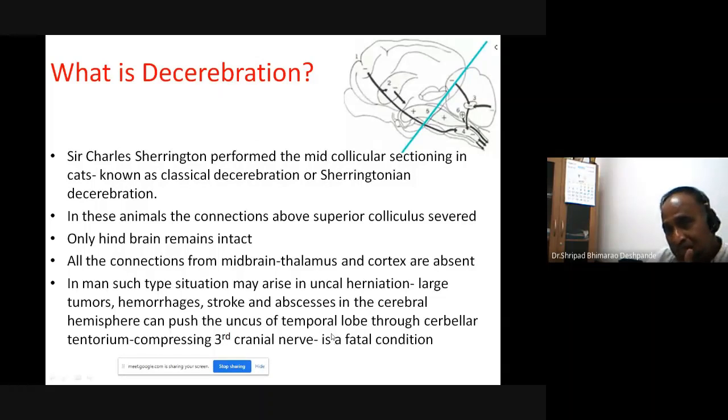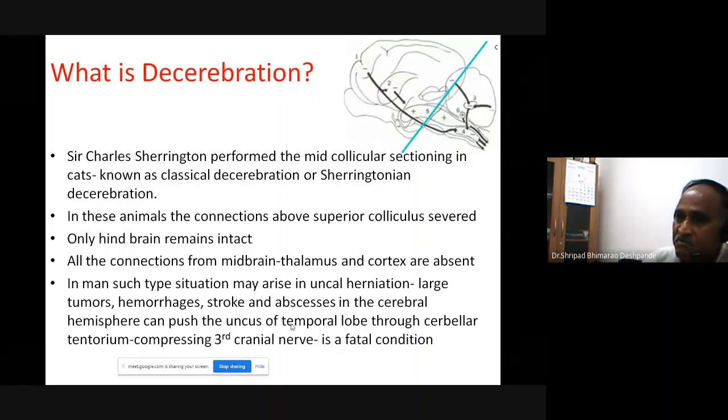So now, the main feature of this is, unless you attend to it, suppose you are a neurosurgeon, you have to open the brain and relieve the extra growth which has come. The extra growth means tumors, hemorrhage, or stroke, or abscess, whatever is pushing, you relieve that entire thing. Then you may make him survive.